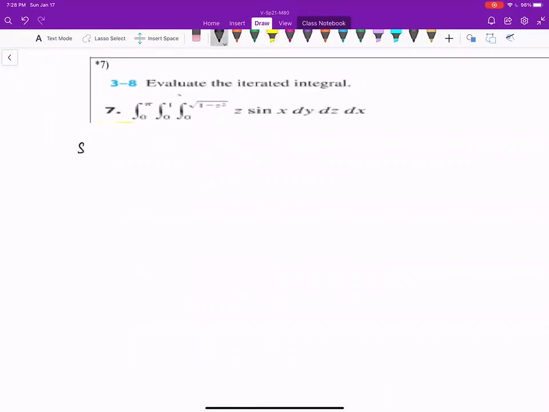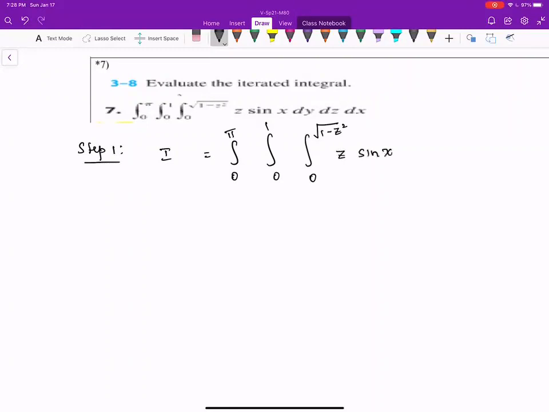So step 1, let's write down the integral and call it I. The integral that we want to evaluate is named I. It's the integral from 0 to pi, from 0 to 1, from 0 to square root of 1 minus z squared, of z sin x.